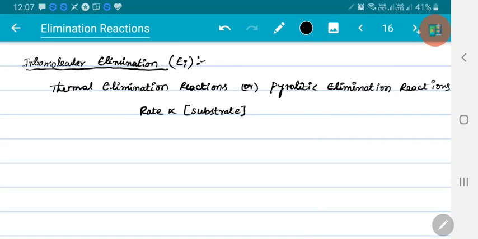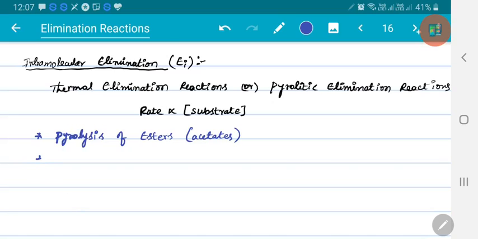So mainly this Ei mechanism is observed in pyrolysis of esters, particularly acetates, right?